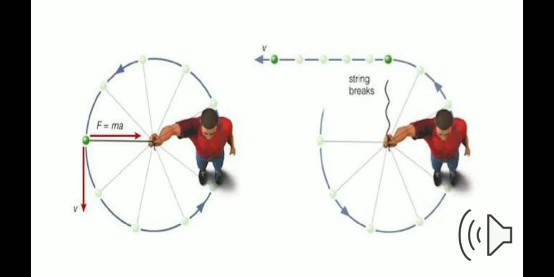Okay, the moment that boy leaves the thread or the string breaks, you can see the direction that the ball goes. The ball is going tangentially. The boy was moving it in anti-clockwise motion, and the moment the string breaks, the ball flies off tangentially in the anti-clockwise direction.